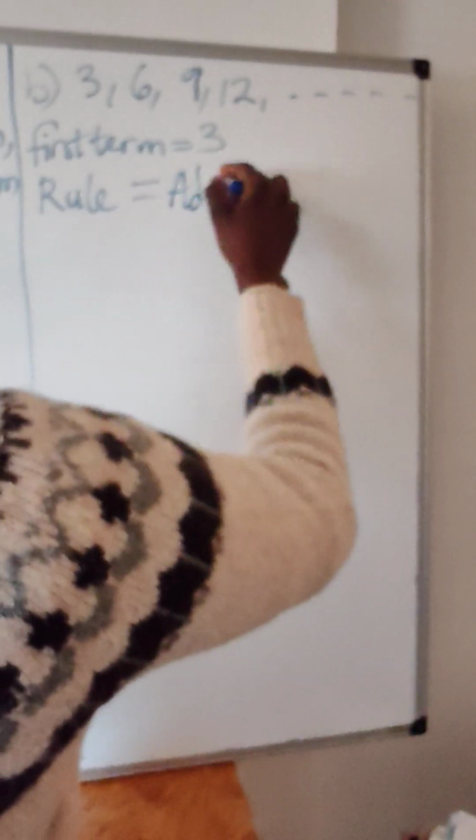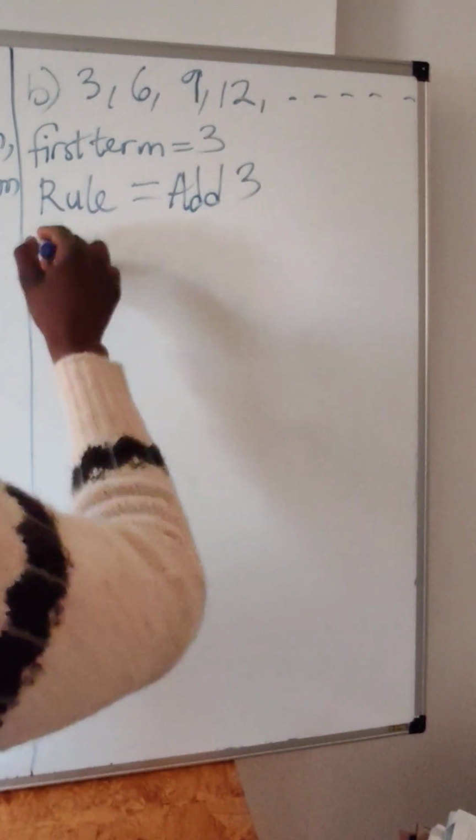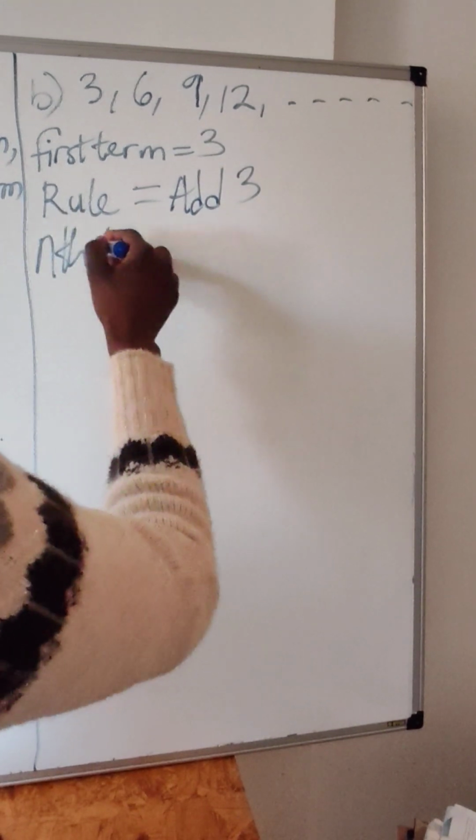From the second term to the third term, you add 3 again. And from the third term to the fourth term, you add 3. So the rule is add 3. So we go to the nth term.